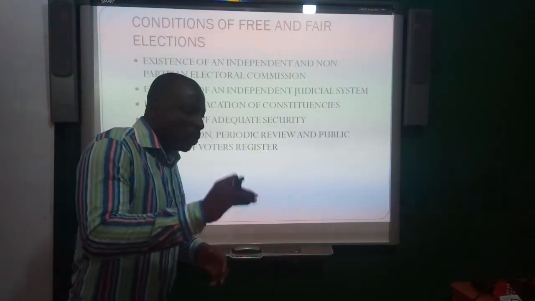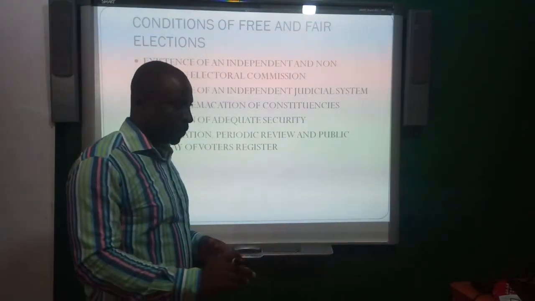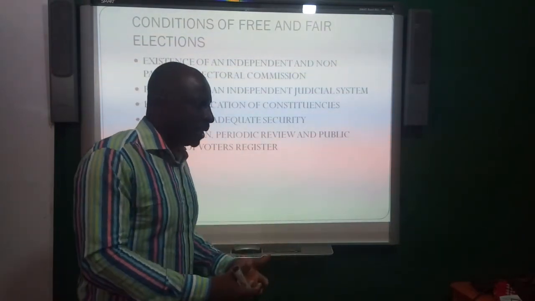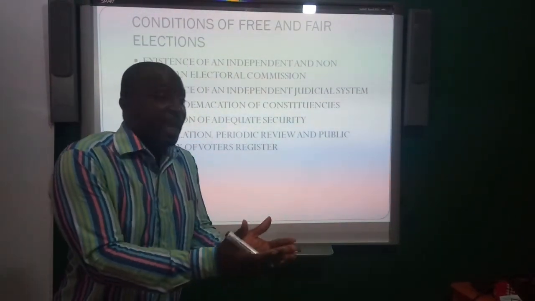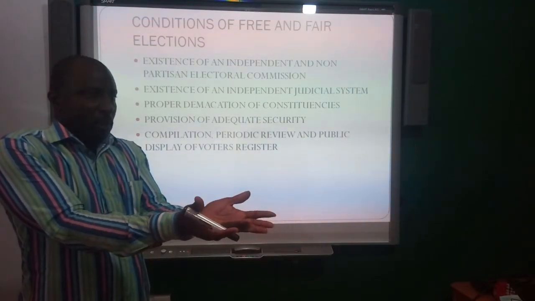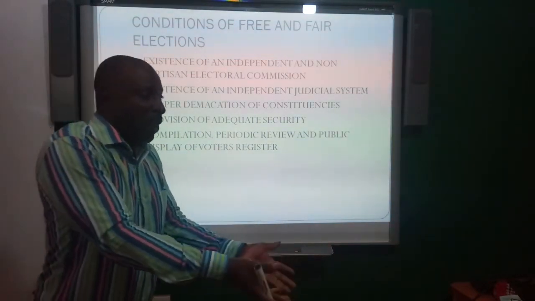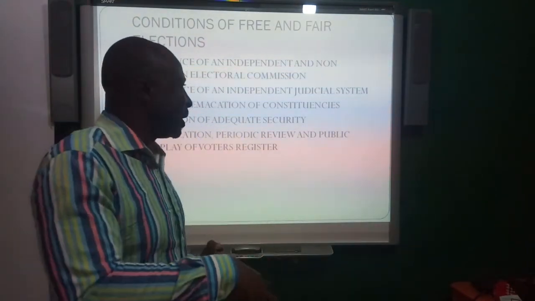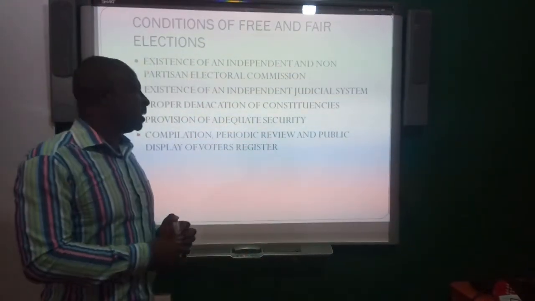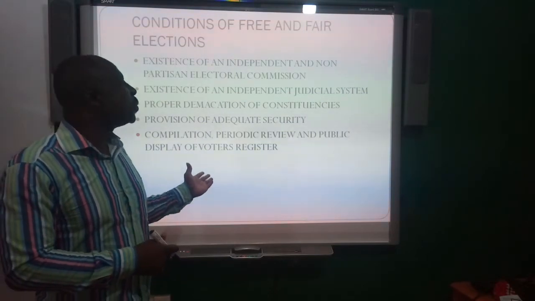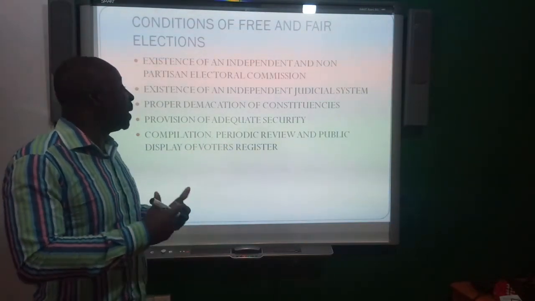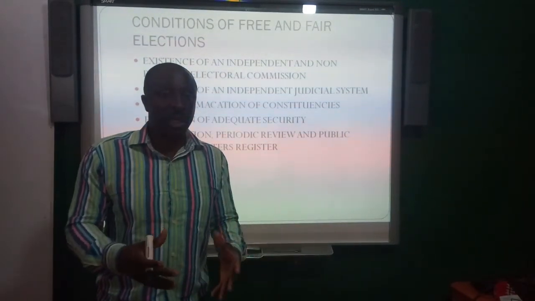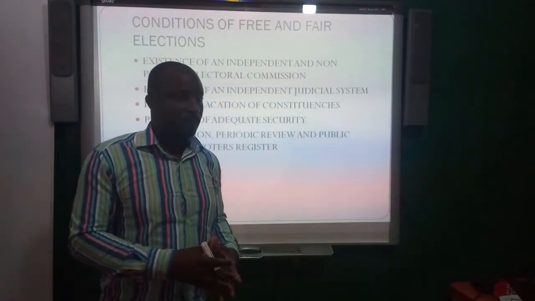But you need to go and register. And where do you register? You only go and register when the voters register is opened for you to go and write your name. So the Electoral Commission has a season where it opens the voters register for review so that people who have attained the universal adult suffrage age can go and register.